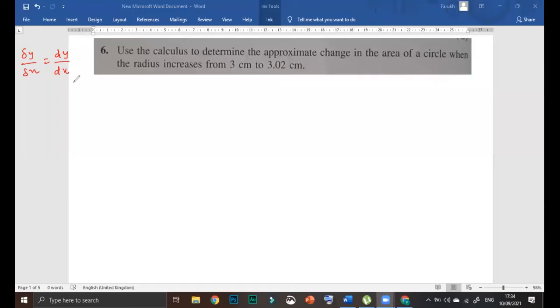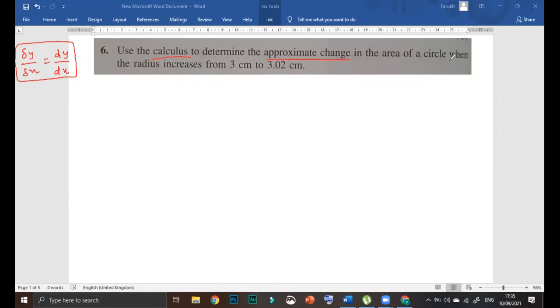The next question is from exercise 13.6, 16.3, question number 6. Use calculus, meaning differentiation, to determine the approximate change. For small changes, we use the rule del y over del x is approximately equal to dy by dx.